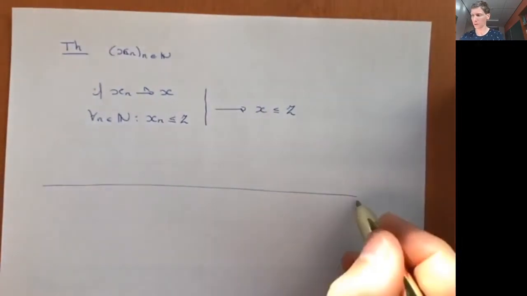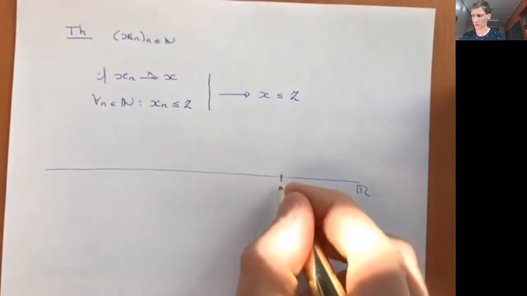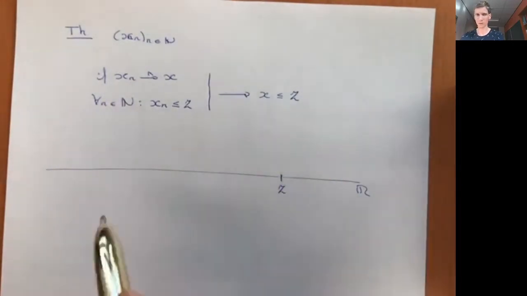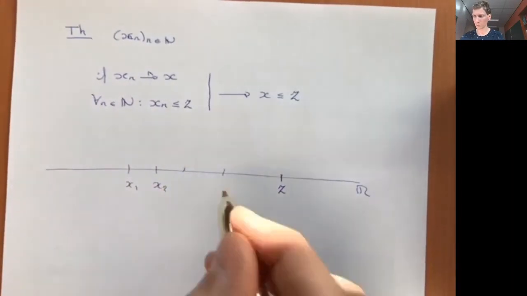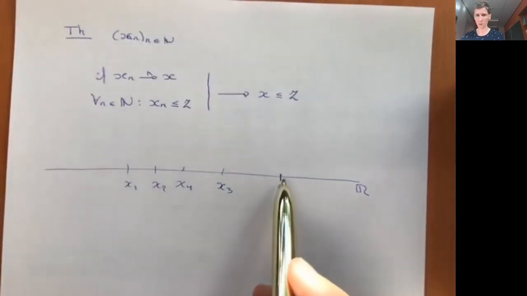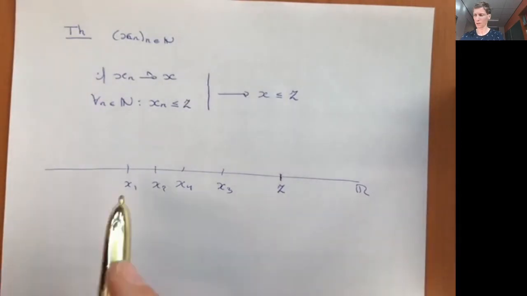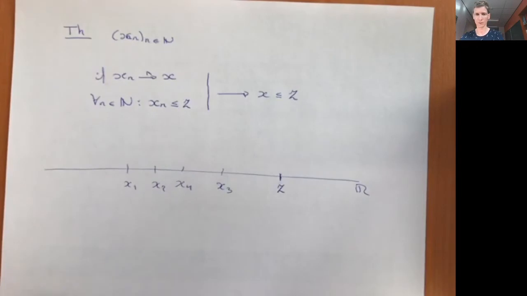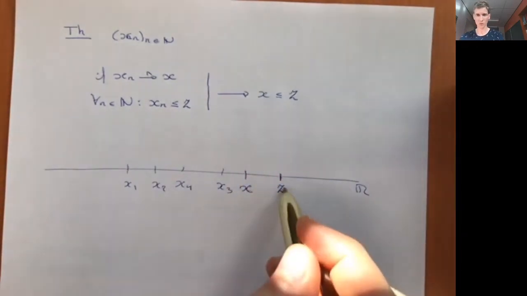If I put a graphical illustration, we have a number z that is fixed, and we have a sequence of xn's that all live below it. So x1 may be here, x2 may be here, x3 may be here, x4 may be here, and so on. They're all smaller or equal to this number. Then if this sequence settles down, so in a sense it converges to some number x, this x should also be smaller than z.